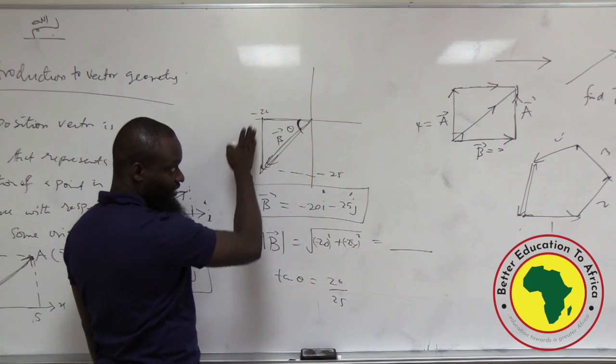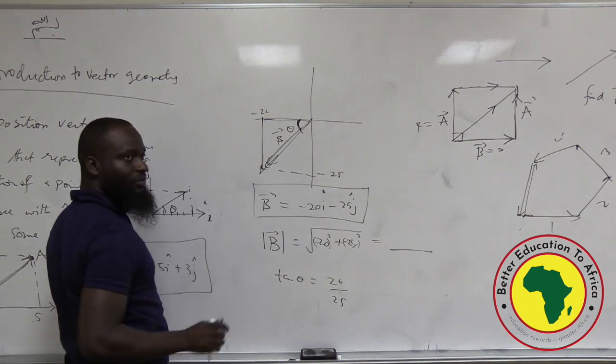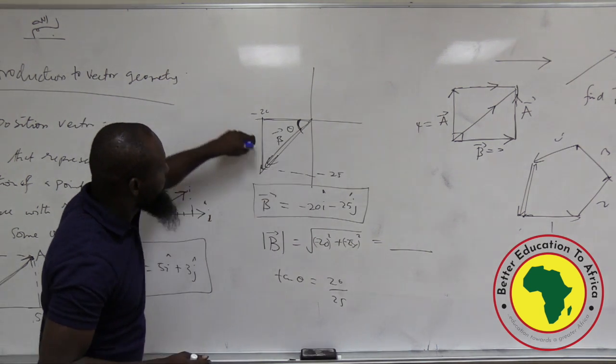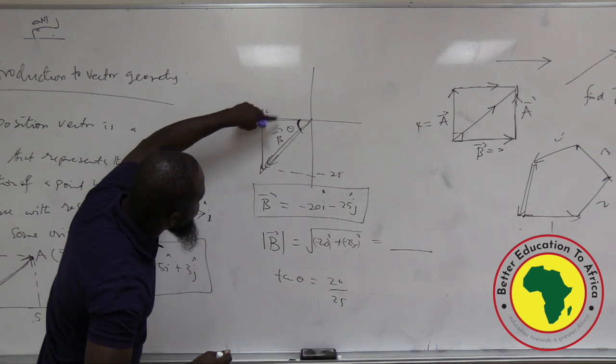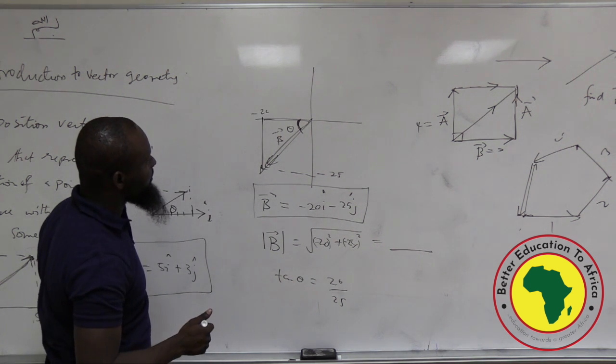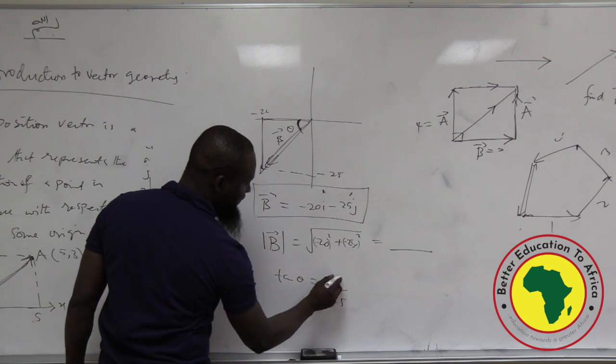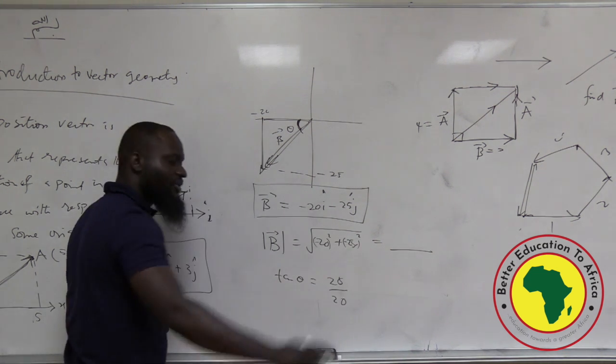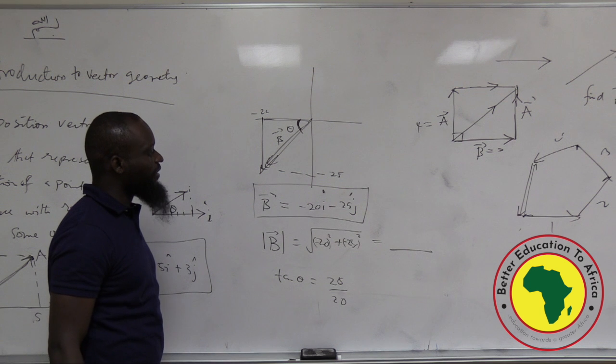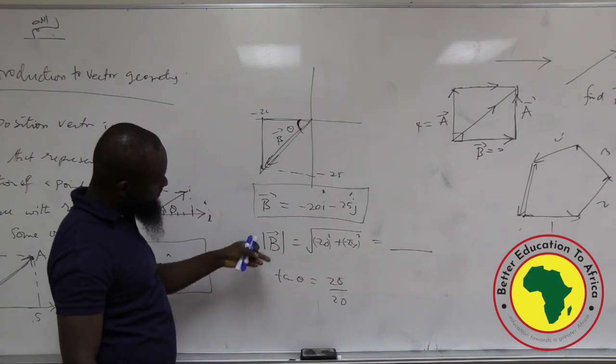So draw the vector first and then get the angle the normal way, so you don't need to use the minus. Just get the magnitude opposite over adjacent, so it's 25 over 20, and you get your answer without putting minus there.